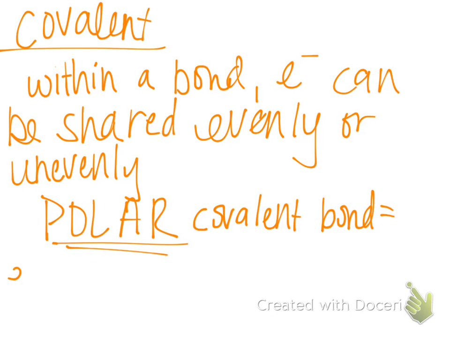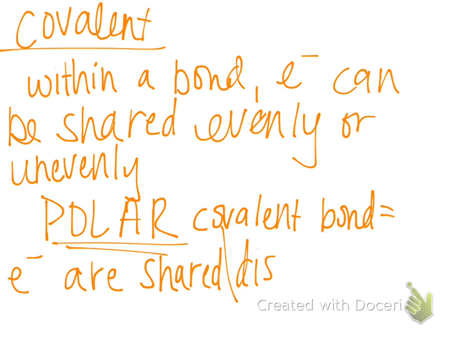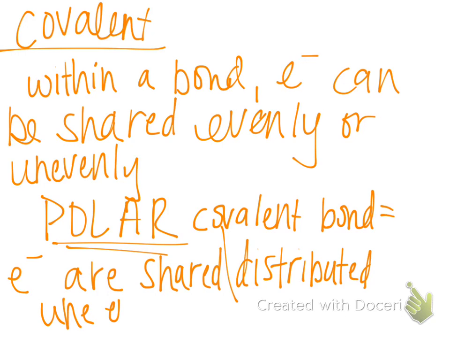This means that the electrons are shared or distributed unevenly. Okay, so polar covalent bonds have an uneven distribution of electrons.